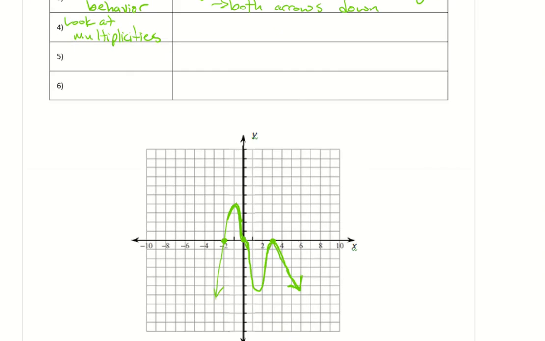Actually, I'm going to put it on the graph instead. Straight through, squiggle, bounce back. And that is how you graph a polynomial.